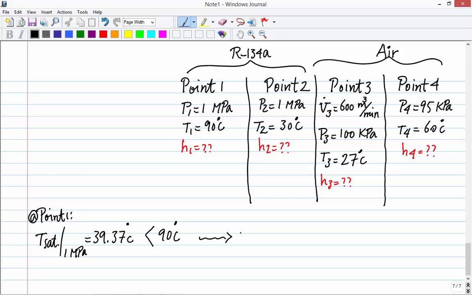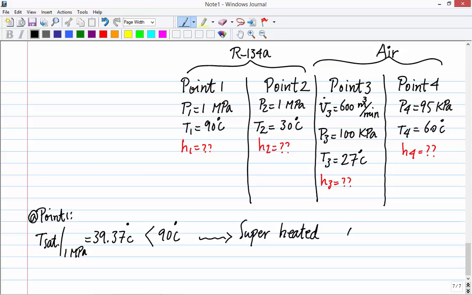It's hotter than the saturated vapor, so it means it's superheated. If it was a saturated vapor, the temperature was supposed to be 39.37, but it's higher, so it means we continued warming up this saturated vapor, so we have superheated.